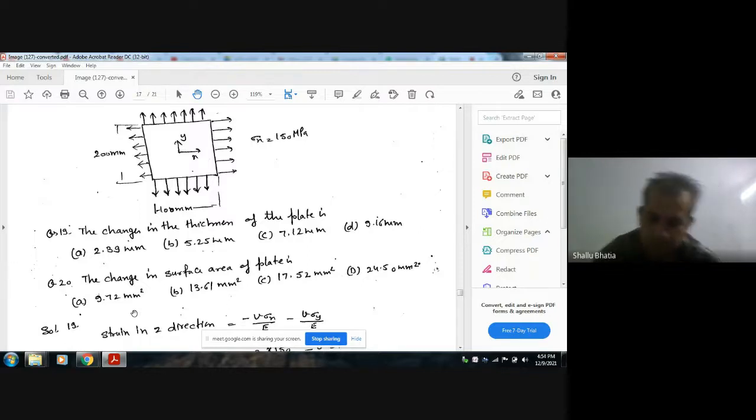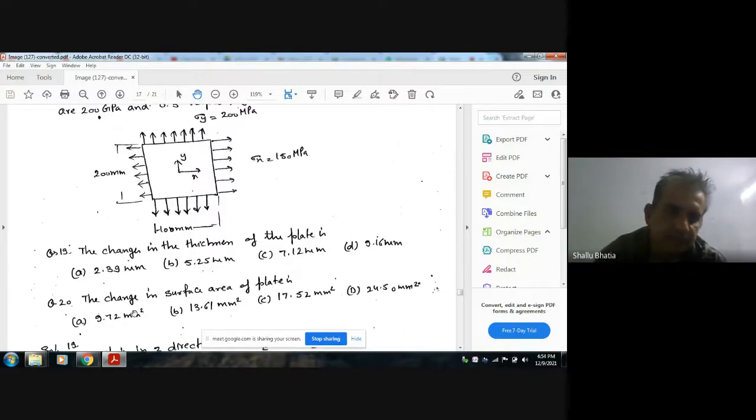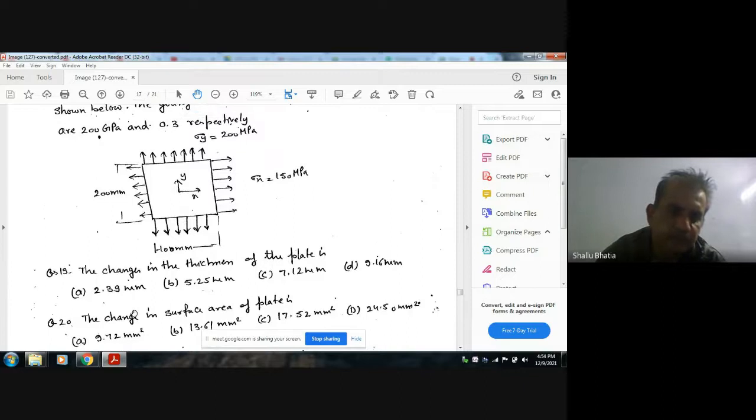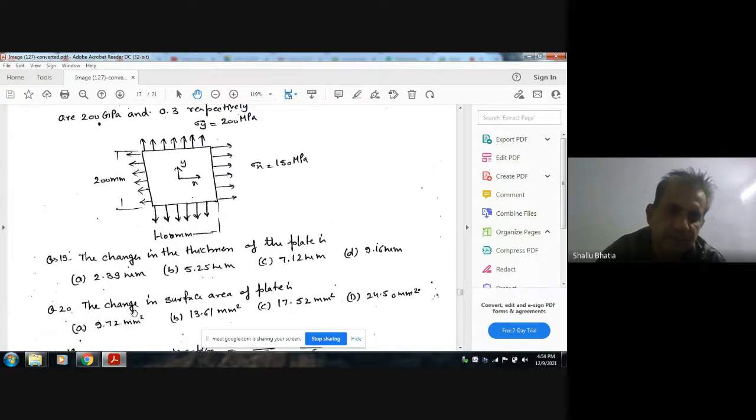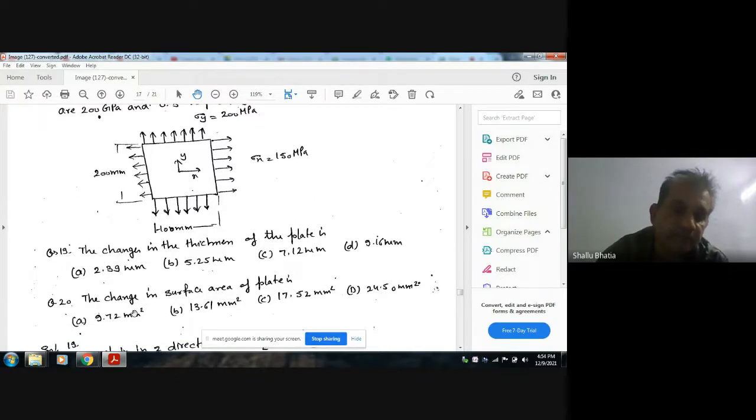Now, in the first question, 19, we have to find out the change in thickness of the plate. This can be length, this can be width, and thickness is in z direction.